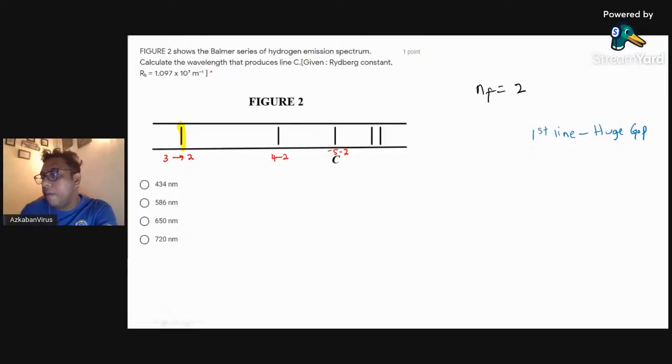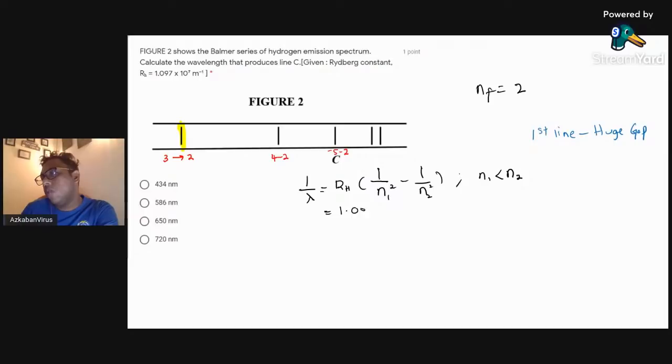We know that 1 over lambda is equal to RH times 1 over n1 squared minus 1 over n2 squared, where n1 is less than n2.